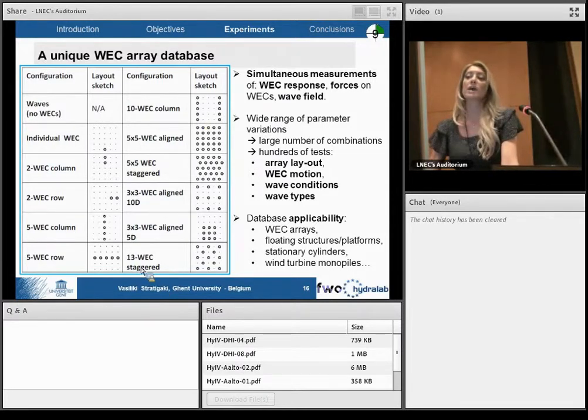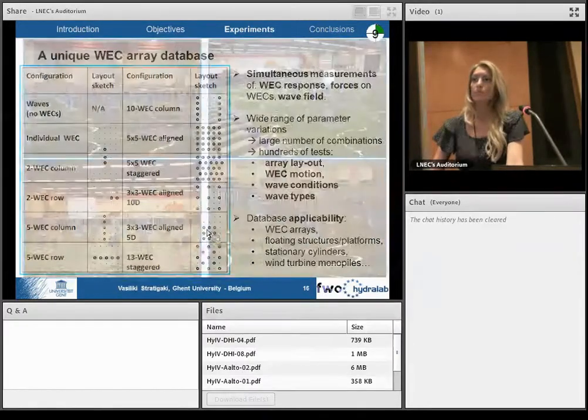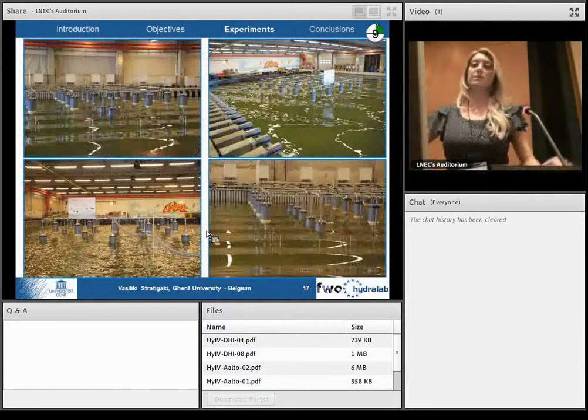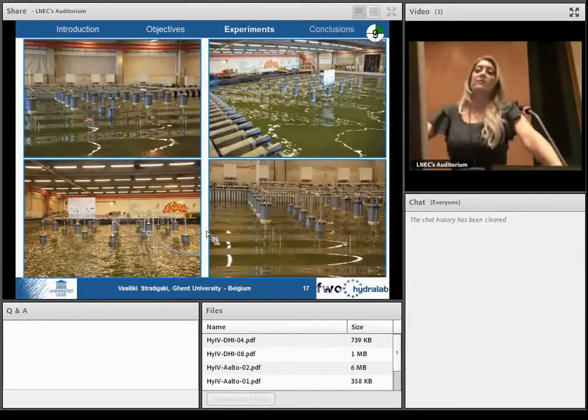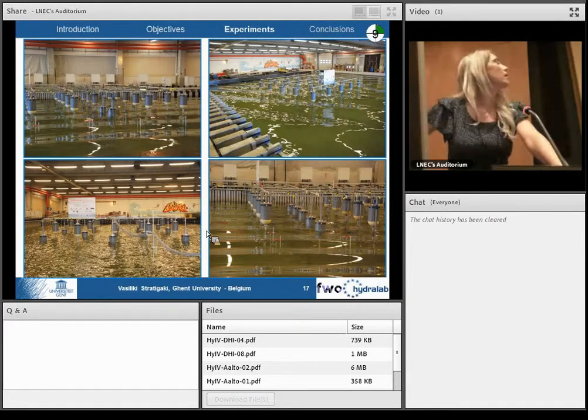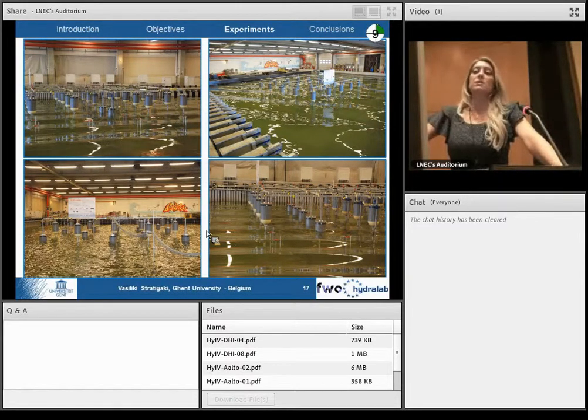Some first analysis of the data have provided results for the effect of intra-array interactions on the overall power absorption of the arrays. Here I will present results for the large arrays, 25 devices, for long-crested irregular waves. So the Q interaction factor has been calculated, which is defined as the ratio between the power absorbed by the array to the theoretical power absorbed by the array, as if there were no interactions between the devices.